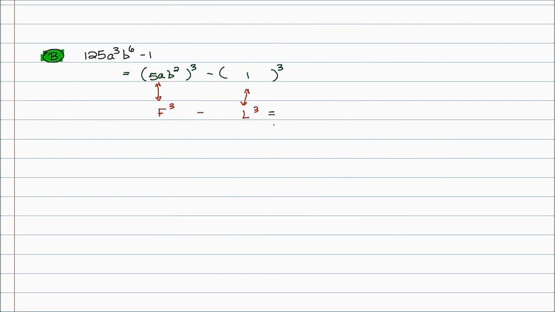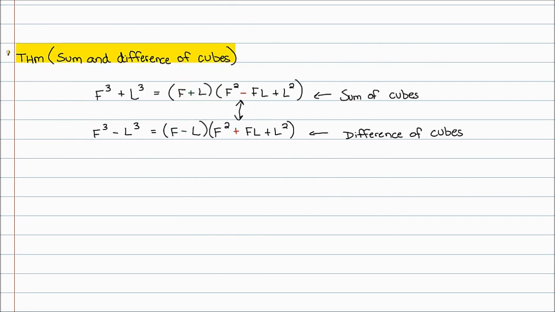Recall from our theorem back here, I'll just pop back here real quickly. The difference of cubes formula says that if we have a first object being cubed minus last object being cubed, it'll factor into first minus last times first squared plus first last plus last squared.